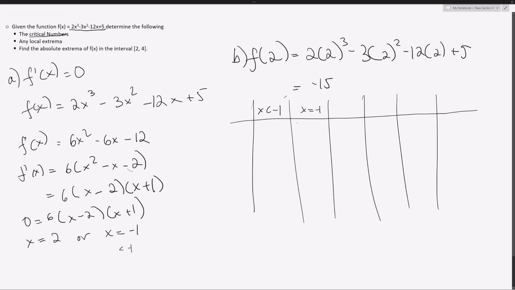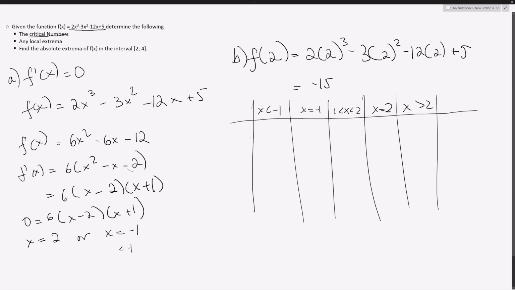If you want to do that and save some space, but just so we are thorough with our examination, I will do it this way. Over here, you could technically write x is greater than negative 1, but we also know that x is less than 2, right? For our second part. And therefore, we could combine these two together and we would get that x is greater than negative 1, but x is still smaller than 2. Then we have x is equal to 2, and our last one is that x is greater than 2.